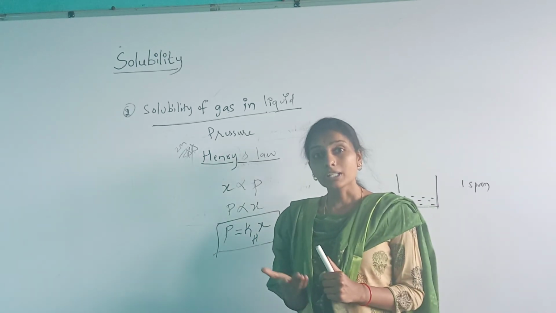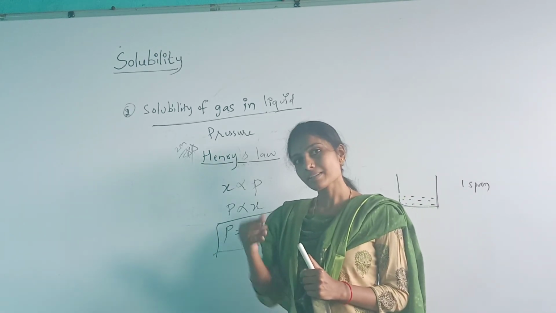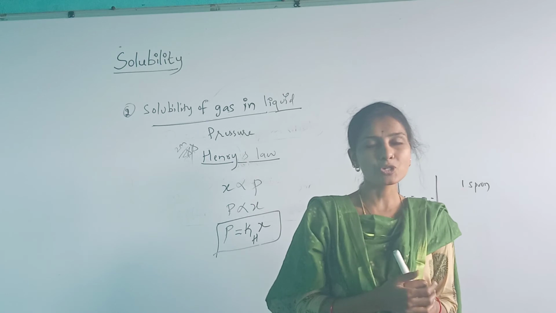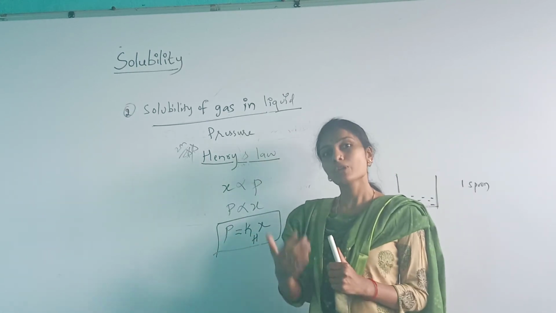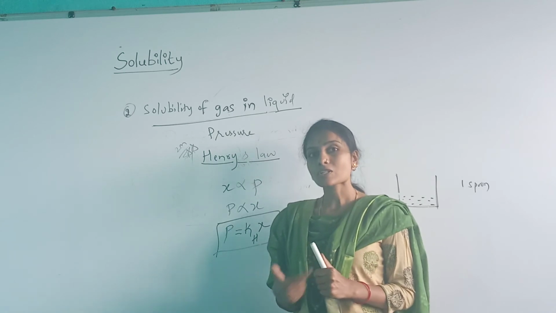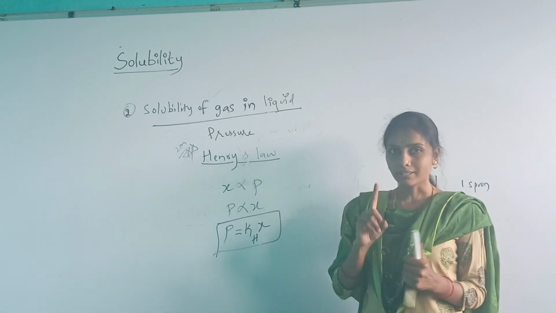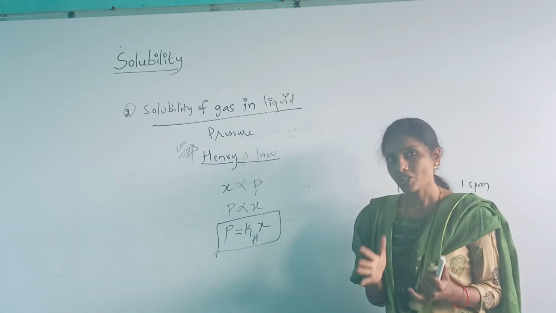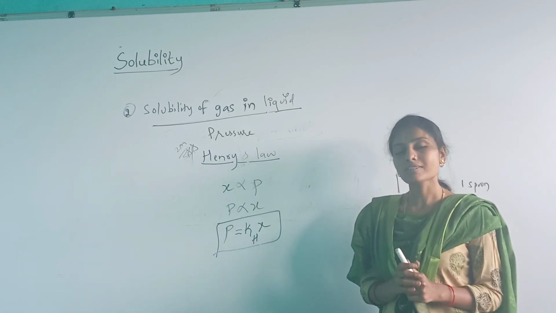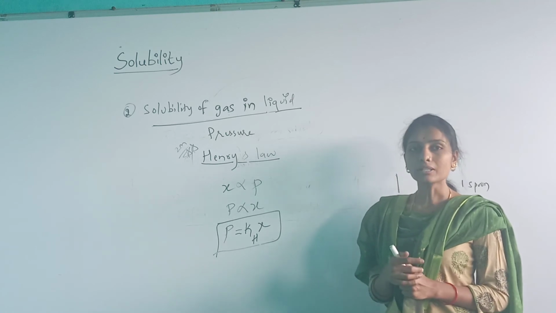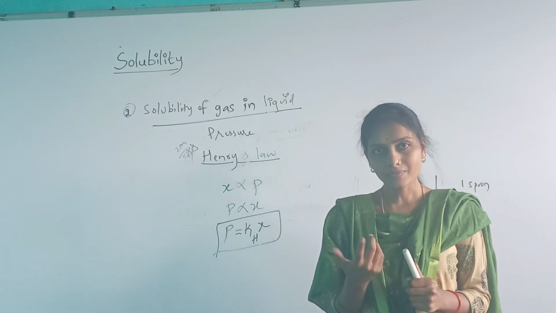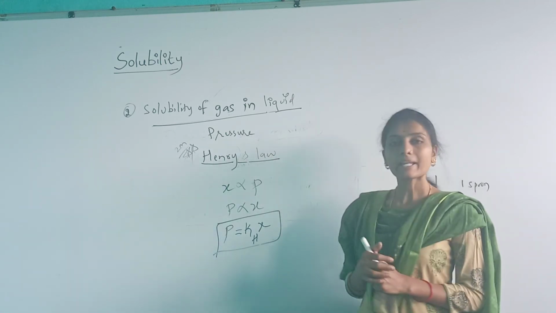They are solubilizing carbon dioxide gas into the liquid, this sugar solution, at higher pressure. More amount of pressure is applied, more amount of CO2 gas is dissolved in the solution. That is, at higher pressures, carbon dioxide gas will be more dissolving into the cool drinks. That is one of the applications of Henry's law.